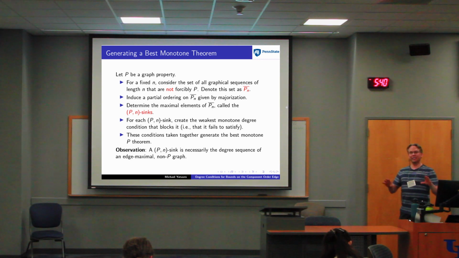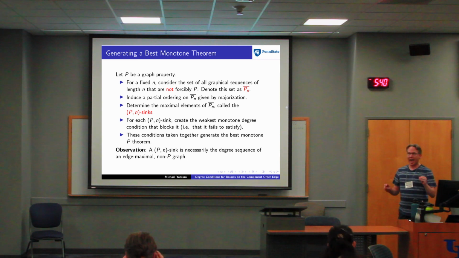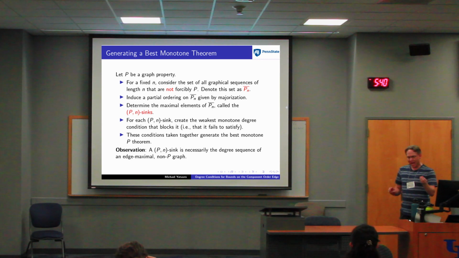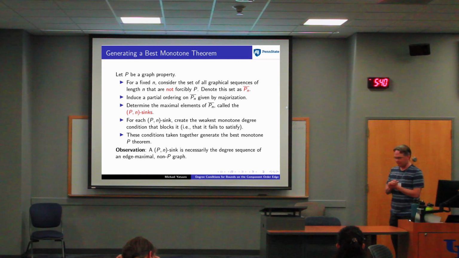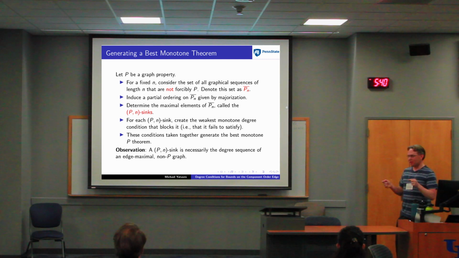Then you look at the degree sequences, and you look at the maximal elements of that poset imposed on the graphical sequences without the property of being forcibly P. And you want the maximal elements, so you want the ones that are biggest and don't majorize each other. Okay?